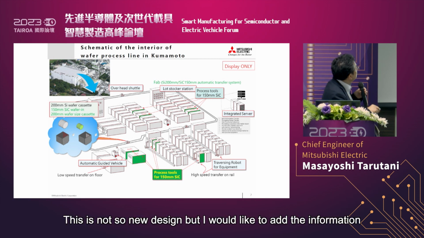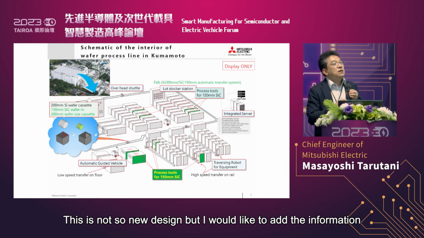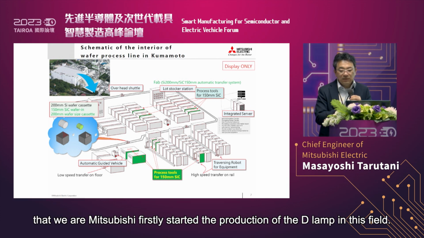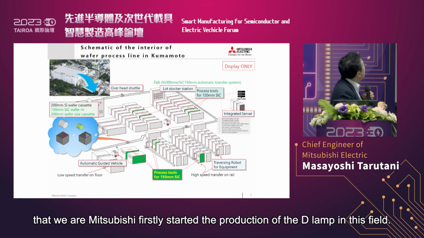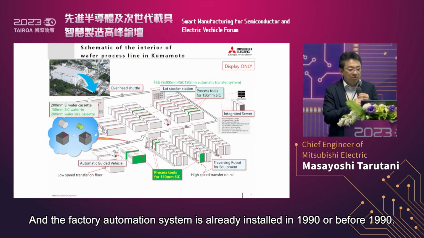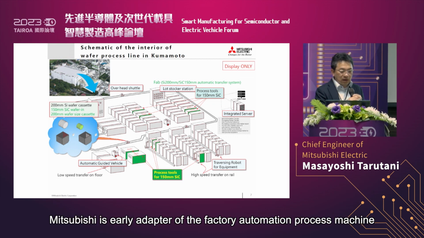This is not a new design, but I would like to add that Mitsubishi first started the production of DRAM in this fab, and the factory automation system was already installed in 1990 or before. So Mitsubishi is an early adopter of factory automation process machines in the wafer fab.